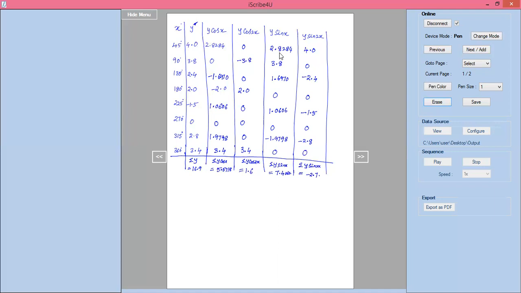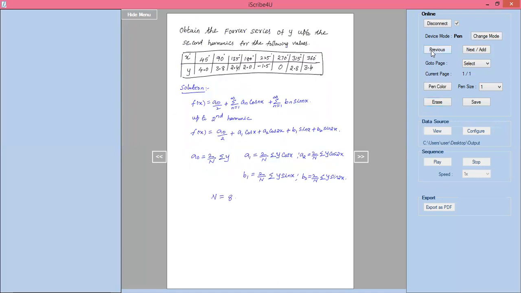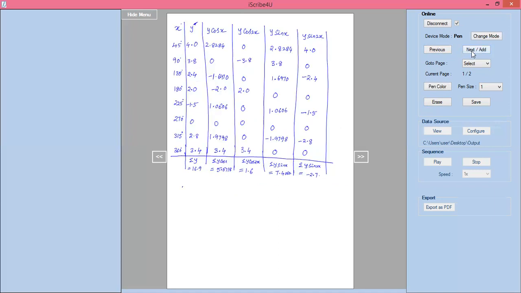Right. Now, we can write these are the values. Now, what I have to find, the formulas I have already written on the previous sheet. We know that a naught equal to 2 by n into summation of y, where n is 8. A1 equal to 2 by n into summation of y cos x. A naught equal to 2 by 8 into 16.9. If you simplify, you will get a naught value of 4.225. Next, similarly, a1 equal to 2 by 8 into summation of y cos x, which is 5.5718.